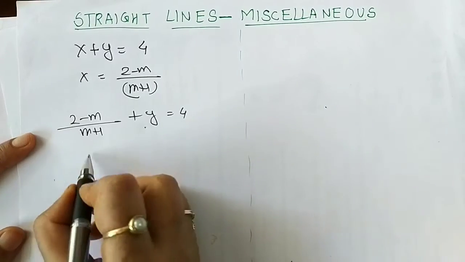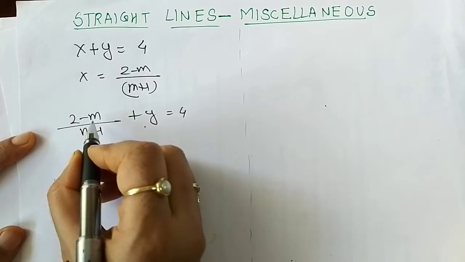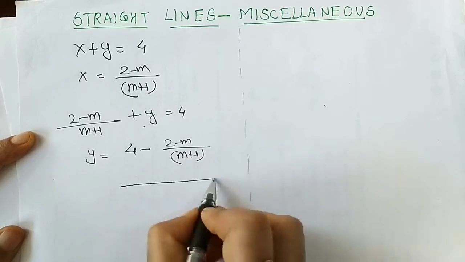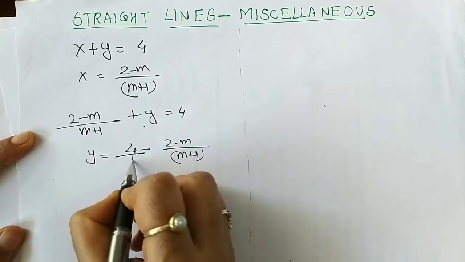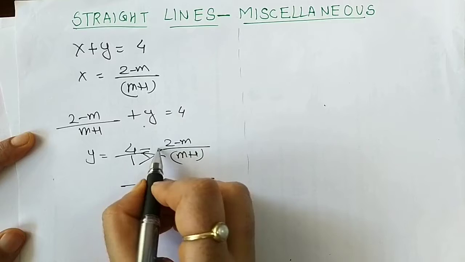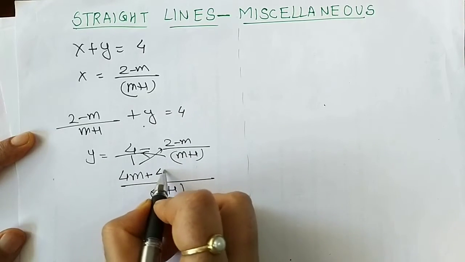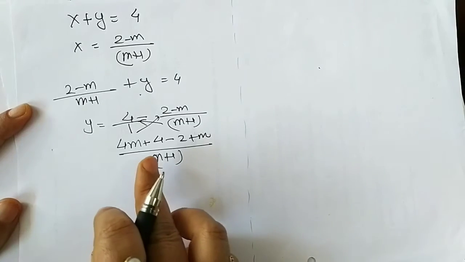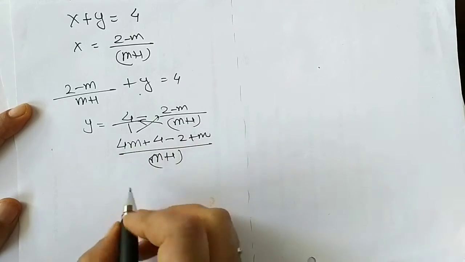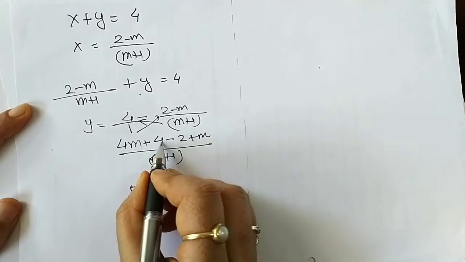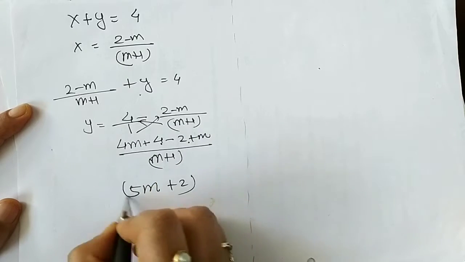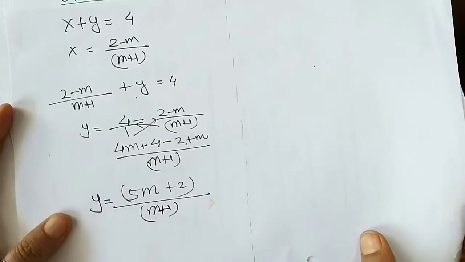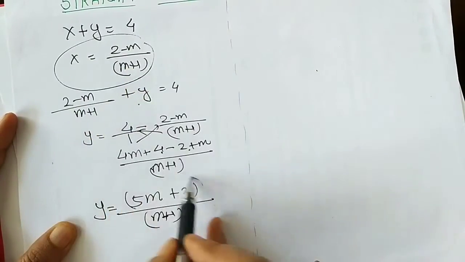So what will be my y? y will be 4 minus 2 minus m by m plus 1. So m plus 1 is the LCM. This will go here and this here. So 4m plus 4 minus 2 plus m. This is 5m, and 4 minus 2 is plus 2, by m plus 1. So this is my y. So I have both values here, x and y.